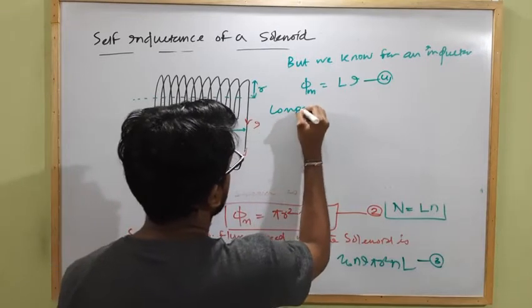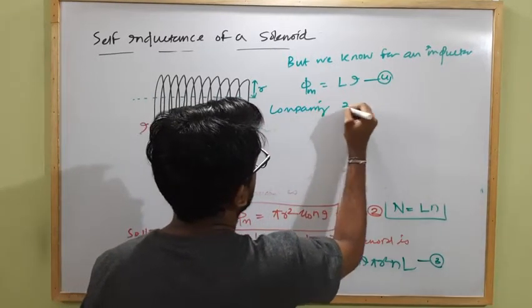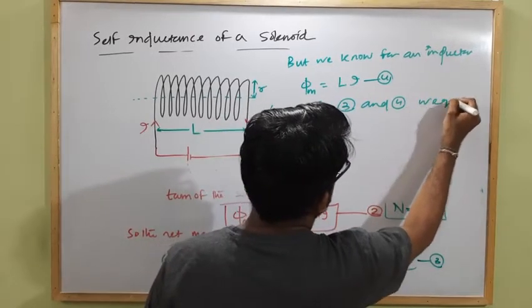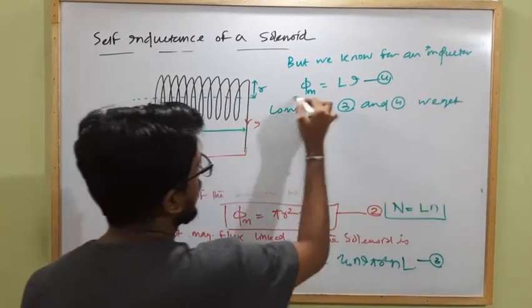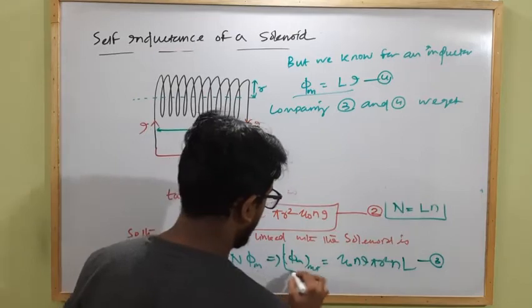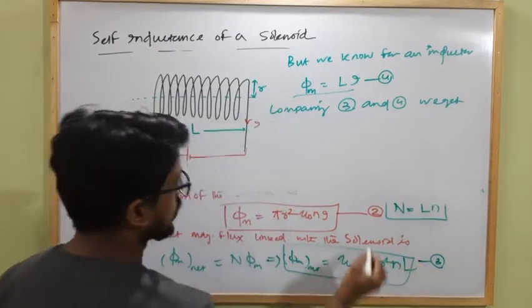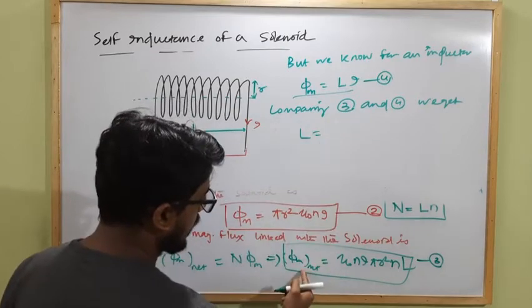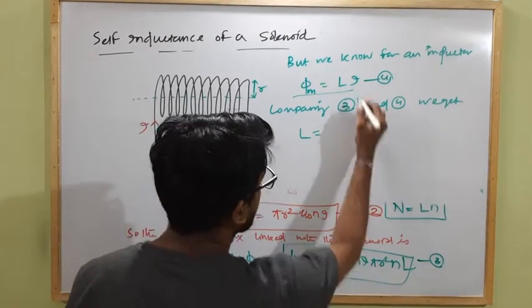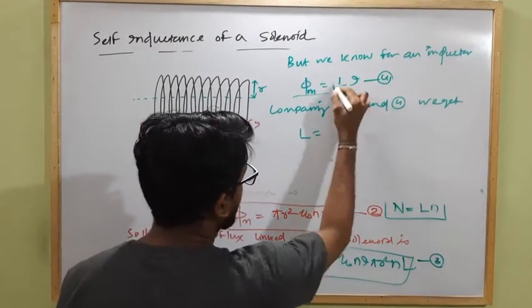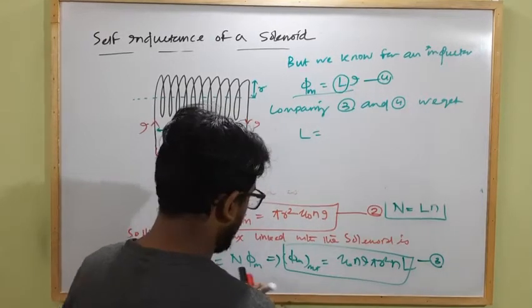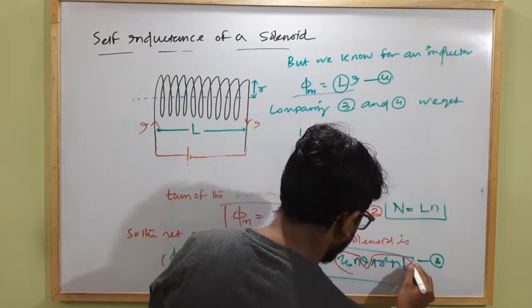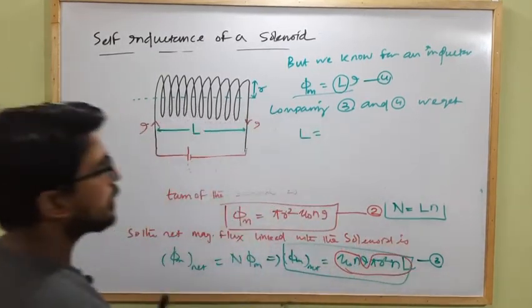Comparing equations 3 and 4, in terms of L, phi net, in terms of I, this will be I. Except I, the remaining portion is known as what?